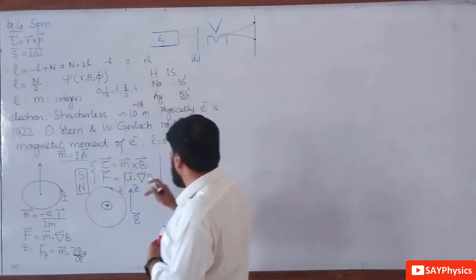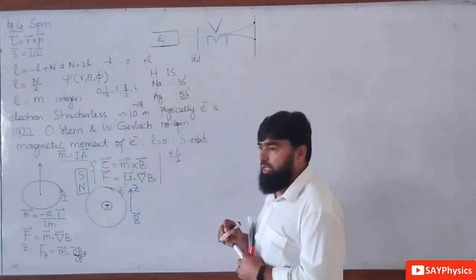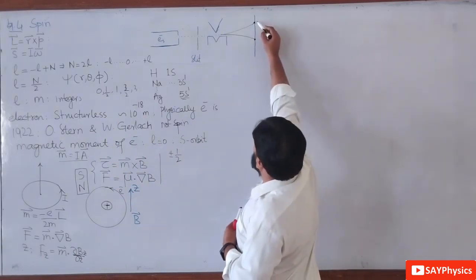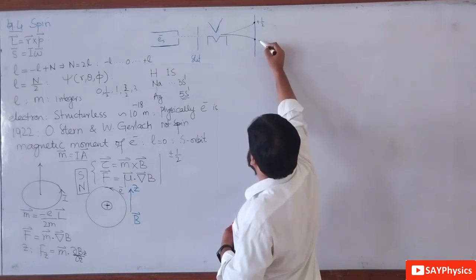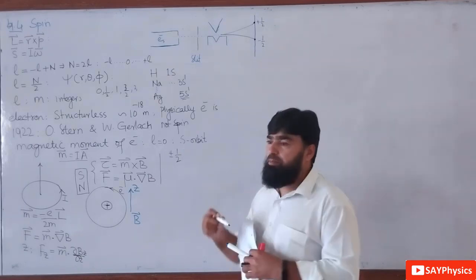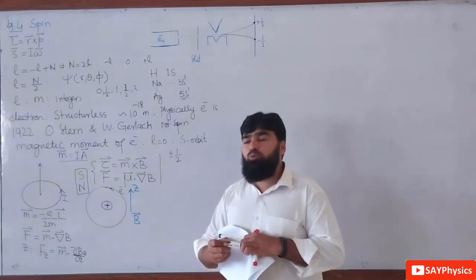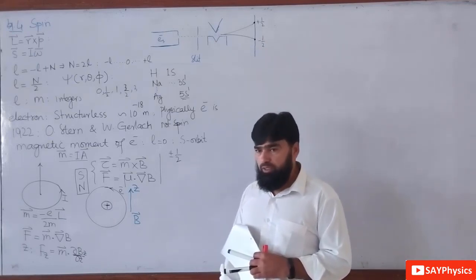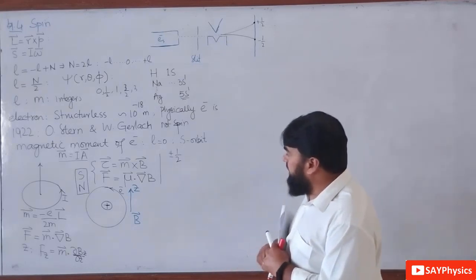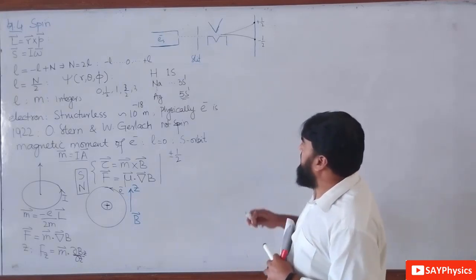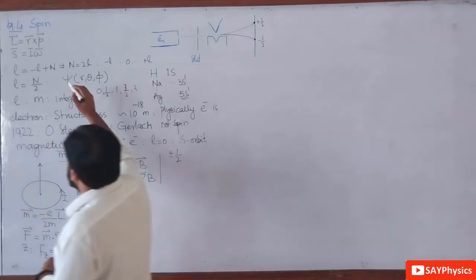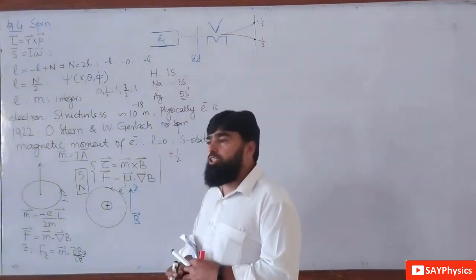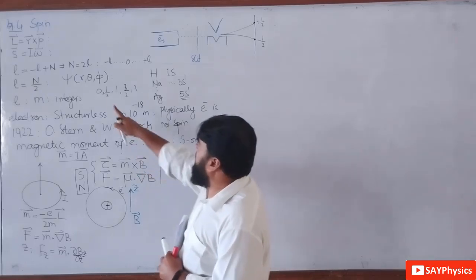For the half integer values, the very first ones are plus half and minus half. So if this one is plus half, this one should be minus half. And then the next one coming is 3/2. Clear?